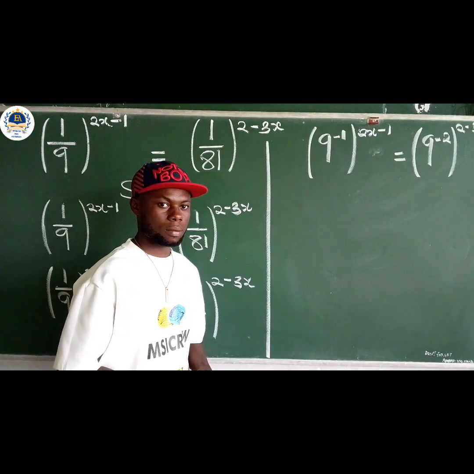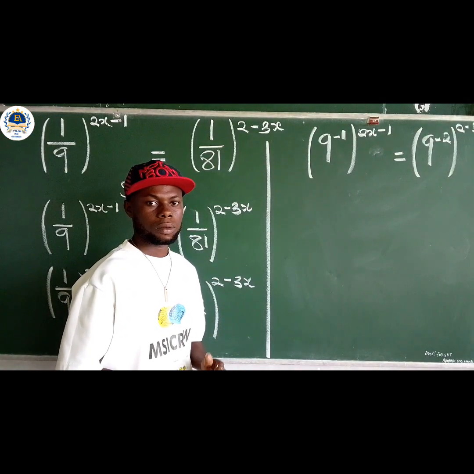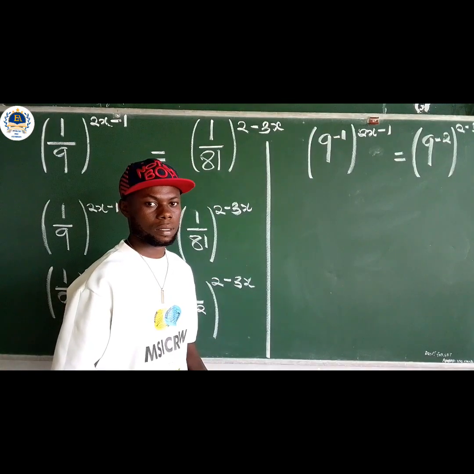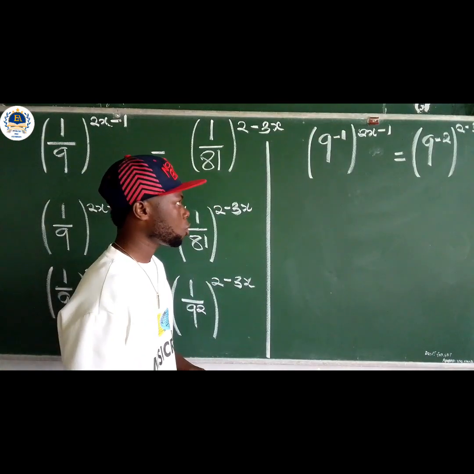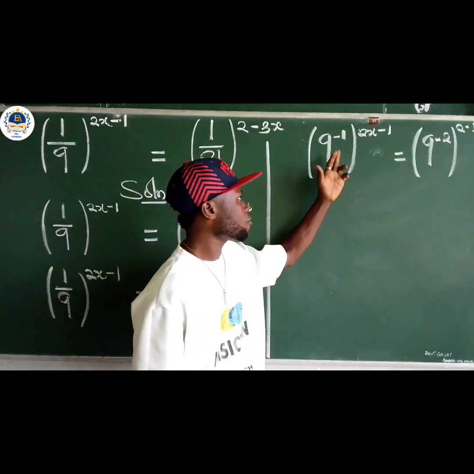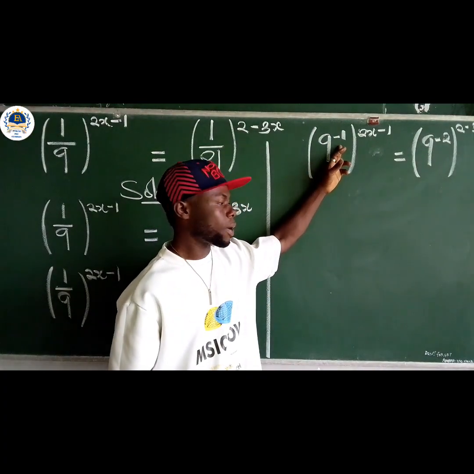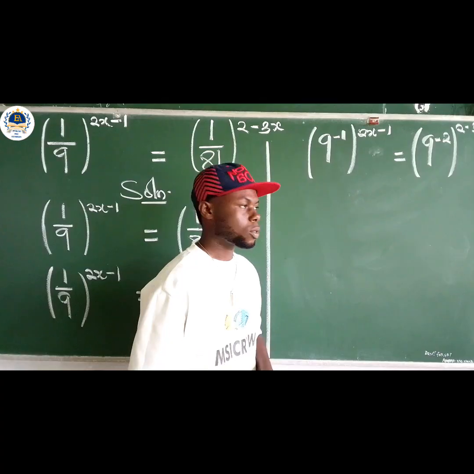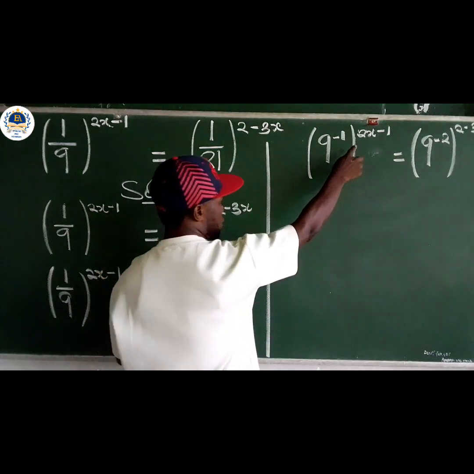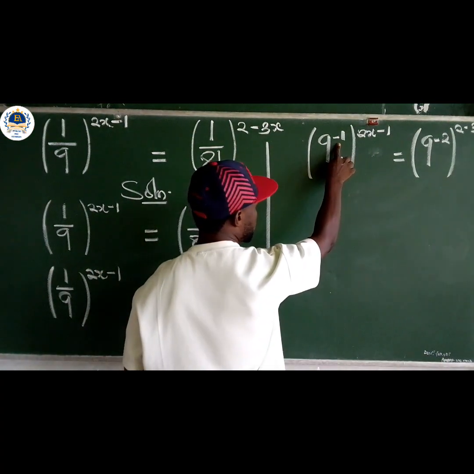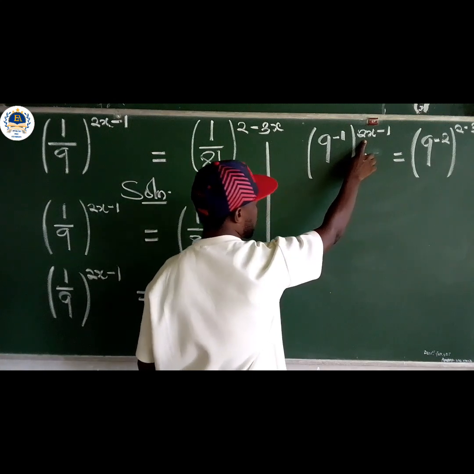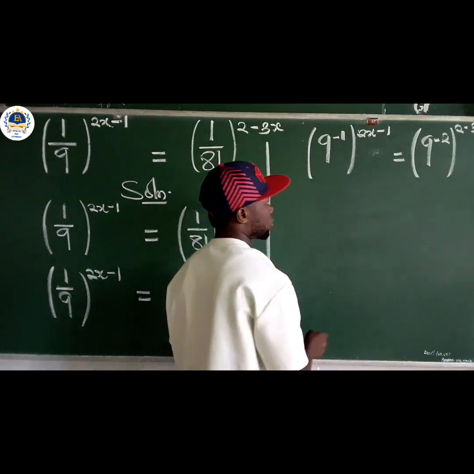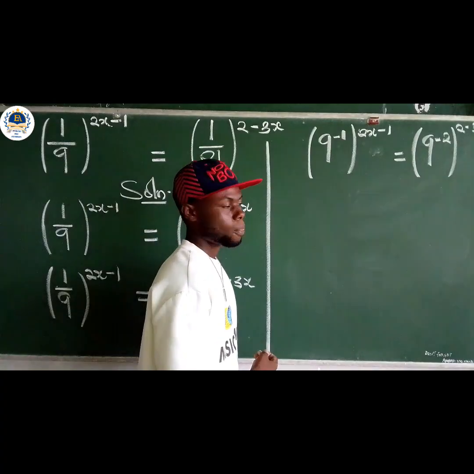Now in indices, if we have 2 or more powers separated by brackets, it is advisable to multiply what we have in the bracket by everything outside the bracket. So that means we are going to obtain minus 1 times 2x, then minus 1 times 1, times minus 1 rather.